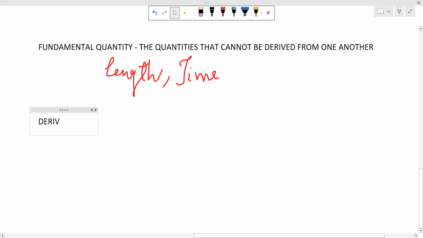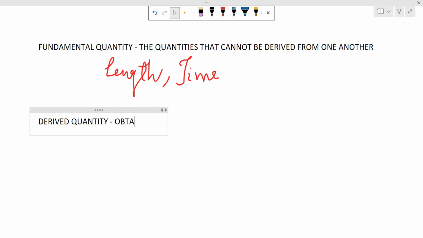What is a derived quantity? The name suggests it is obtained by combination of fundamental quantities. They are obtained or derived.